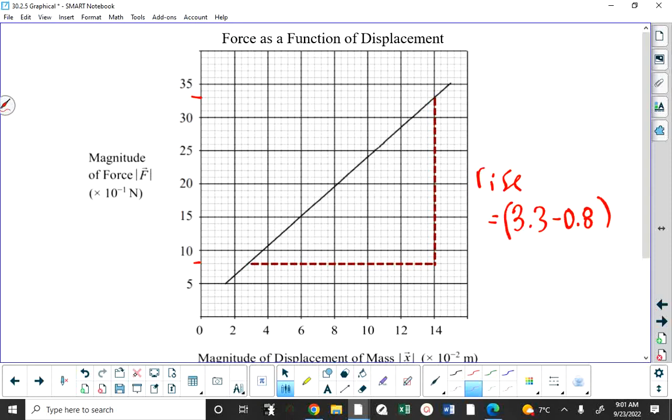And this is newtons. So I get 2.5 newtons. One of the biggest mistakes that you can make in any type of graphical analysis on an exam is not paying attention to the scientific notation, if there is any, for the units. We're on page 27 of the handout I gave you yesterday.